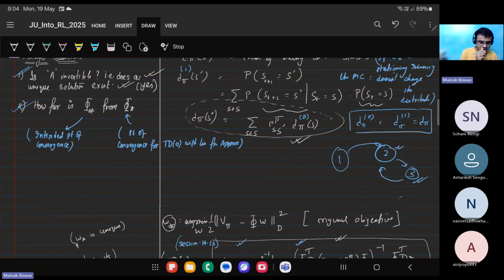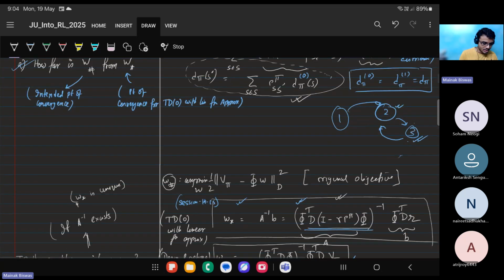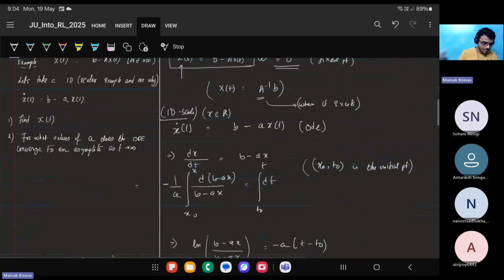Now the second question we asked today is how far is w star from w hash, the point of convergence of the linear function approximation algorithm. You're not telling me these small typos. Phi is fixed.